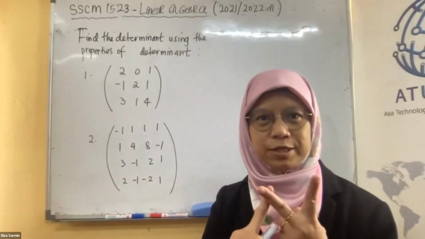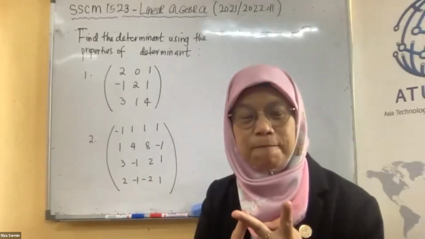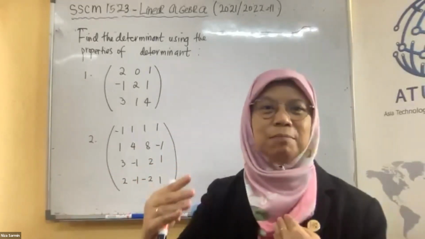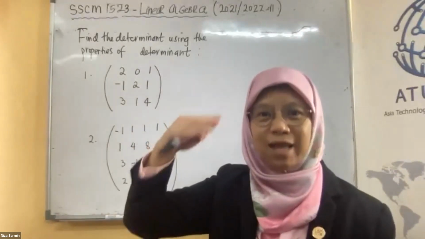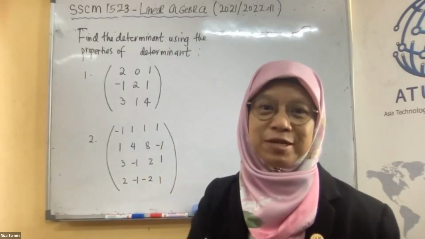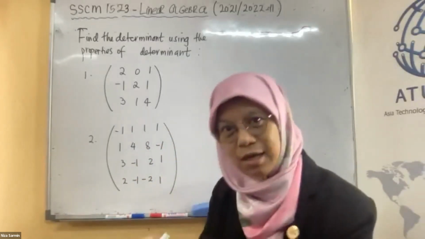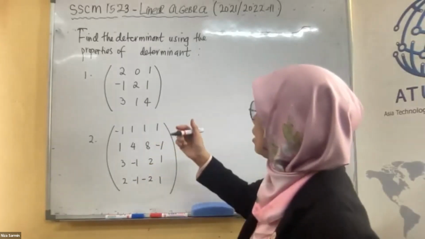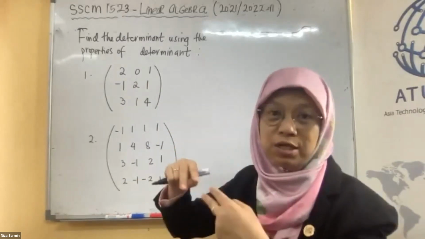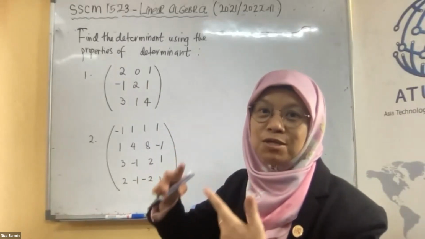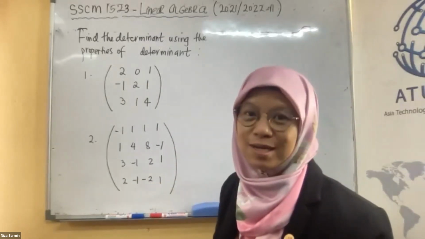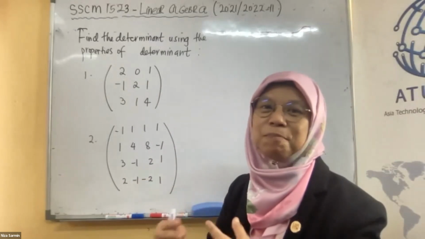I missed two parts: not only diagonal, but for upper triangular and lower triangular matrices, the determinant is also the product of the diagonals. So let's not interchange rows because it will change the determinant. Try as much as possible to use only the operation KRi plus Rj.